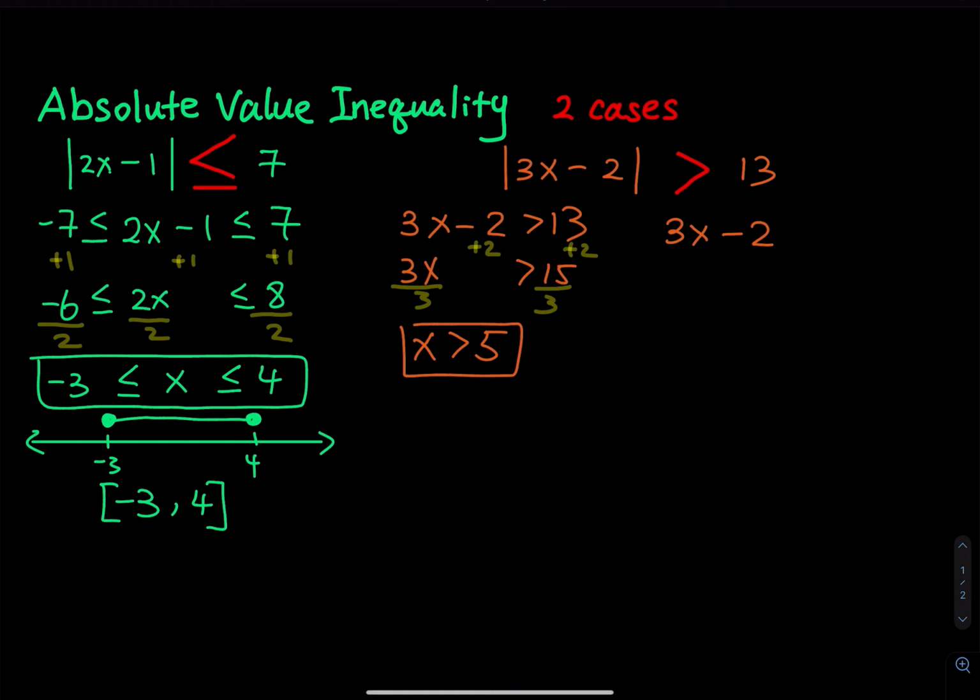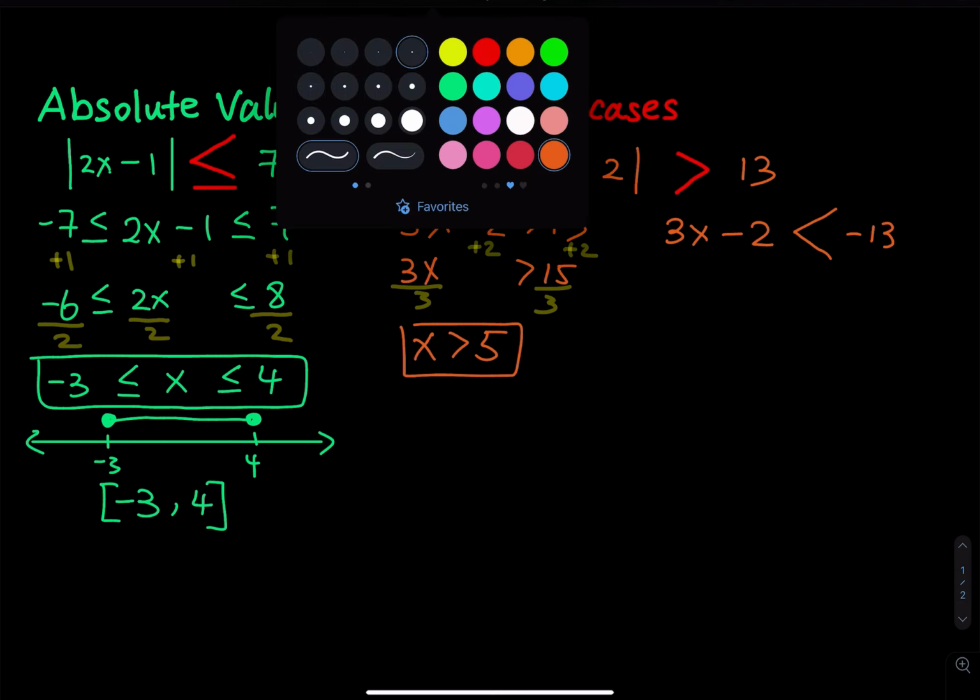Watch very closely. You reverse the inequality sign, and then you put a negative on the other side, which is -13. So this is one of the ways to do it. There is a second way to do it, and you will reach the same answer.